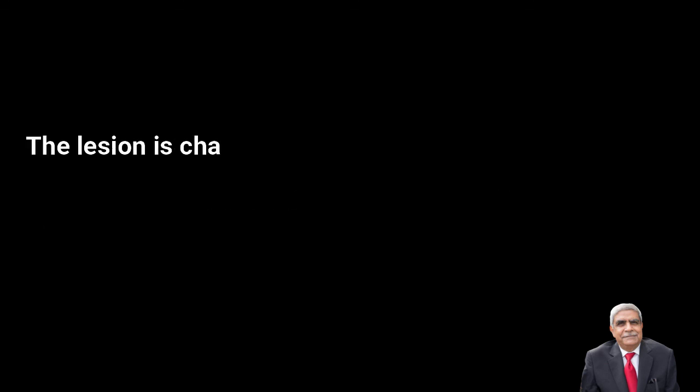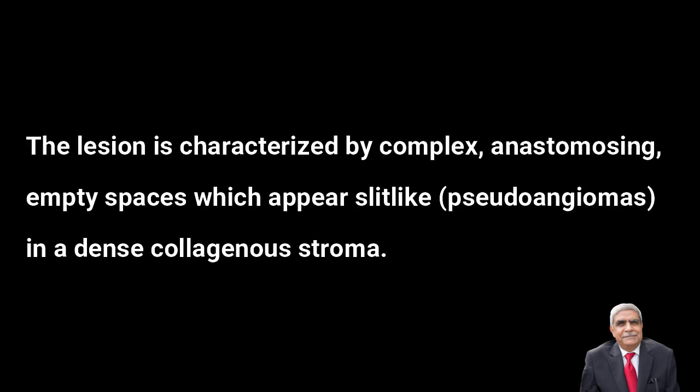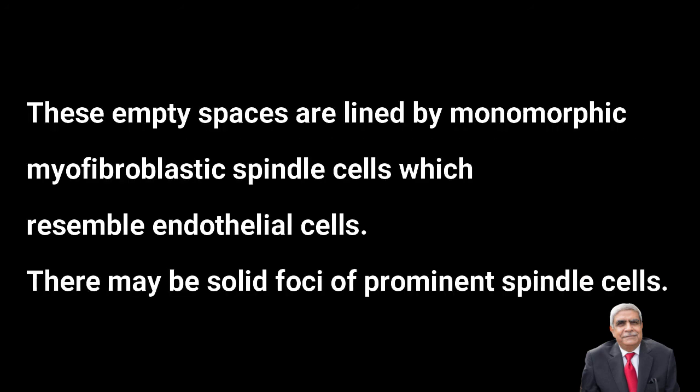Microscopic features: the lesion is characterized by complex anastomosing empty spaces which appear slit-like, that is, pseudoangiomas. In a dense collagenous stroma, these empty spaces are lined by monomorphic myofibroblastic spindle cells which resemble endothelial cells. There may be solid foci of prominent spindle cells.